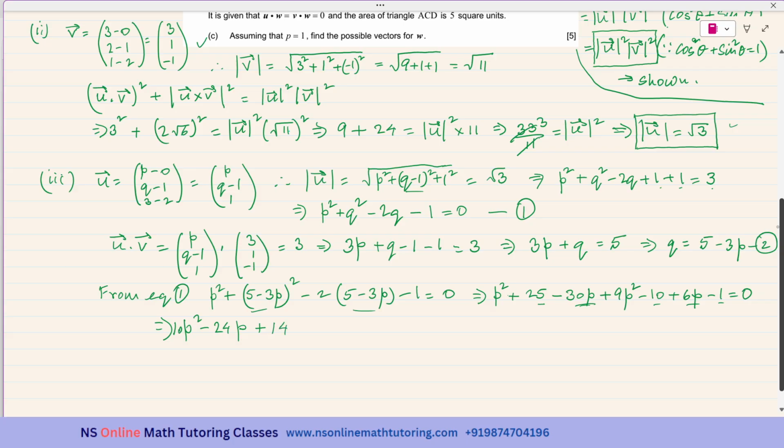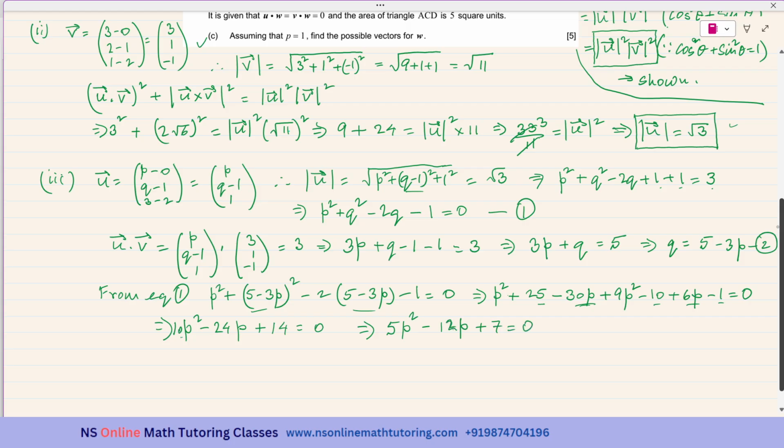Plus 14 is equal to 0. Dividing the entire equation by 2, because all of the coefficients are even numbers, it is 5p square minus 12p plus 7 is equal to 0.